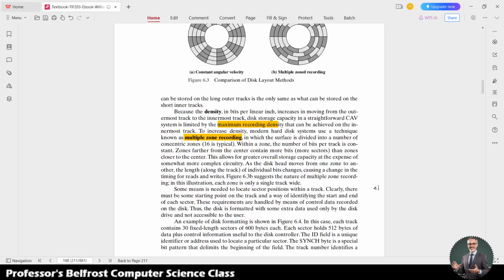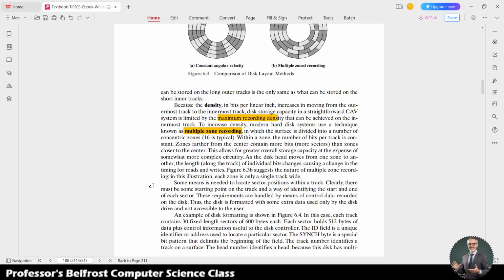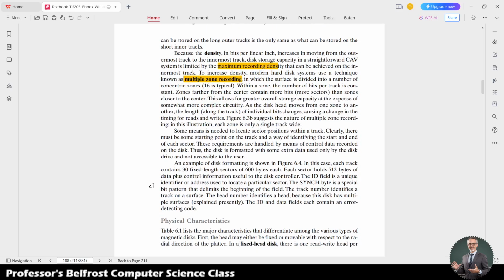Zones farther from the center contain more bits, more sectors, than zones closer to the center. Some means is needed to locate a sector position within a track. Clearly there must be some starting point on the track and a way of identifying the start and end of each sector. These requirements are handled with control data recorded on the disk.